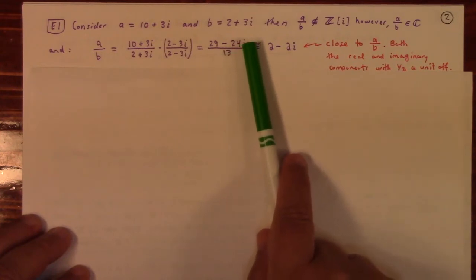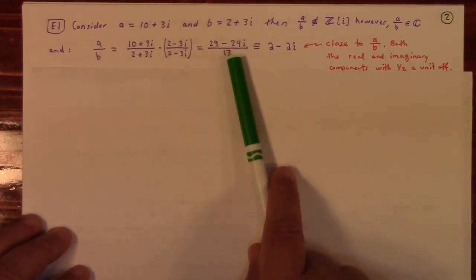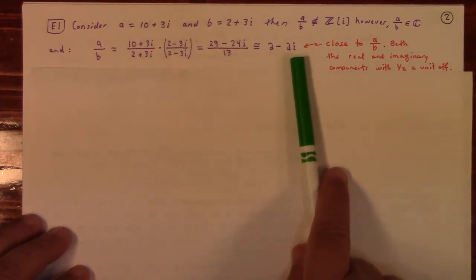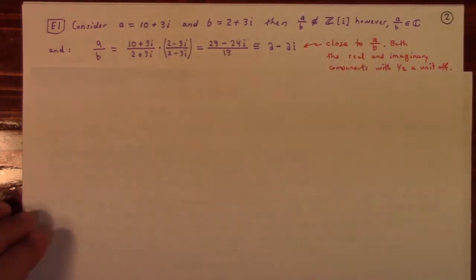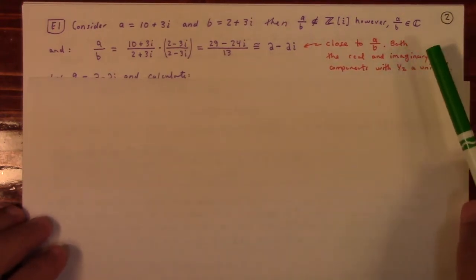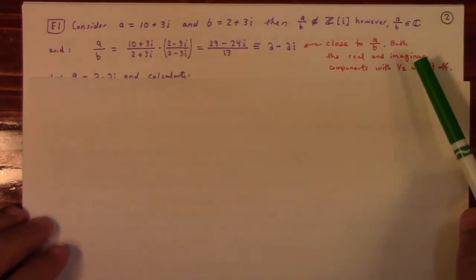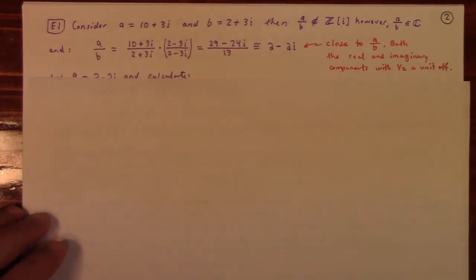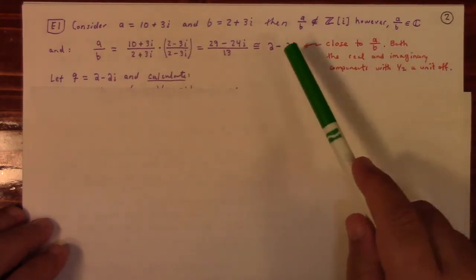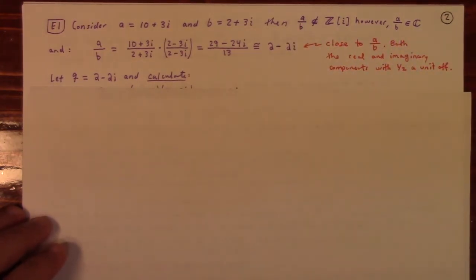And 24 is close to 26, so minus 26 over 13 is minus 2i. So you see this number, 2 minus 2i, is close to a over b, all right? And what I mean by close is both the real and the imaginary components have to be a half a unit or less. And it's always possible to find a complex number that's no more than a half a unit away.